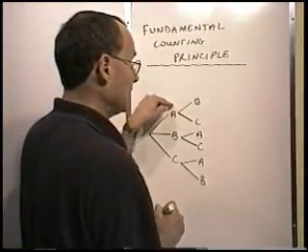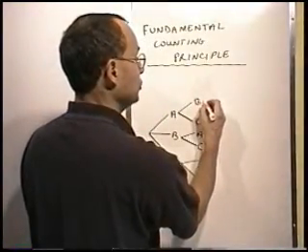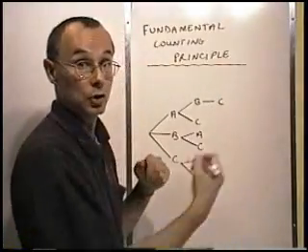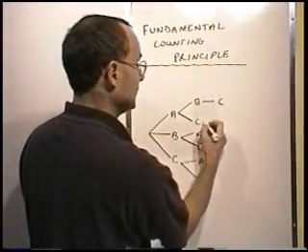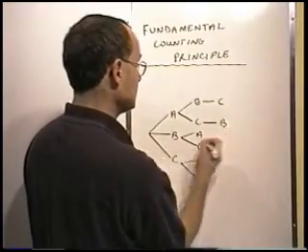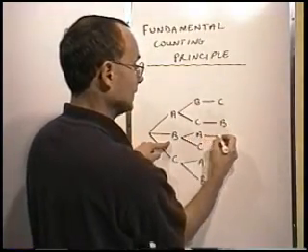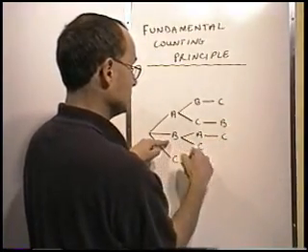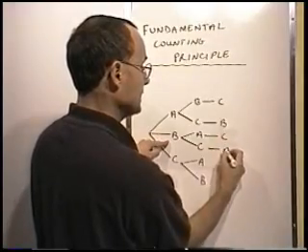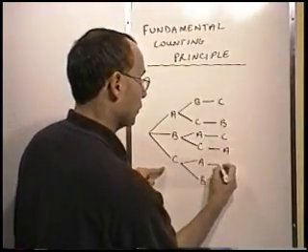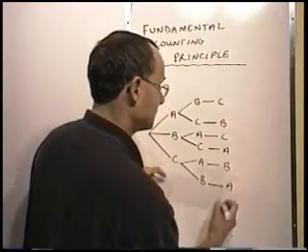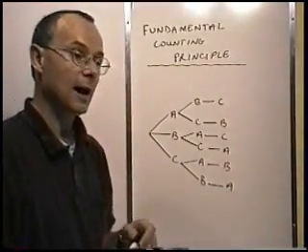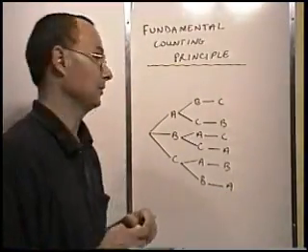If we put down an A followed by a B, we have no choice. The last card that we put down would be the C card. A followed by C, last choice is B. B followed by A, last choice C. B, C followed by A. C, A followed by B. And C, B followed by A. Now this covers every possibility that there is.